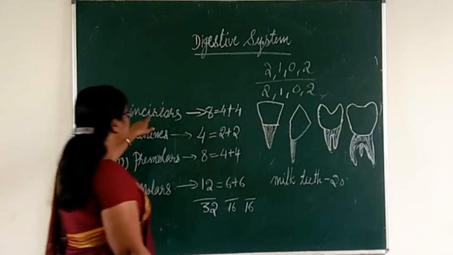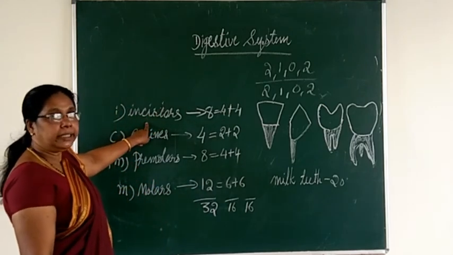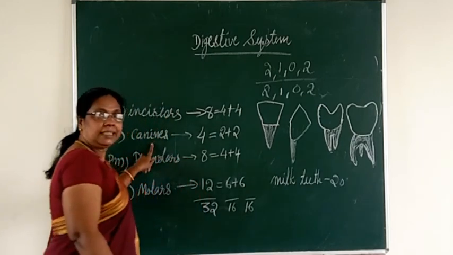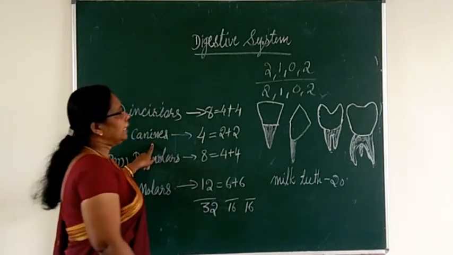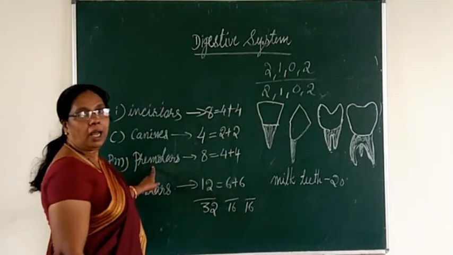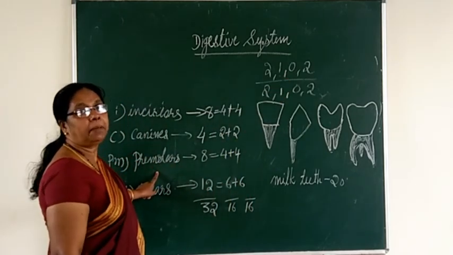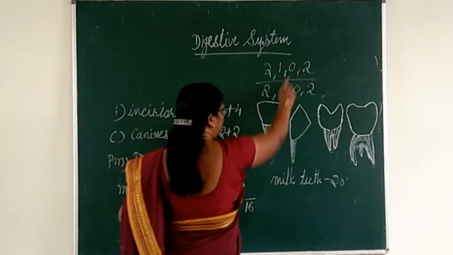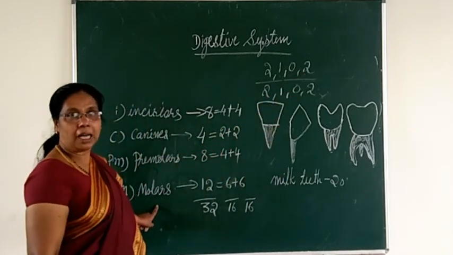Yes, that is the first one, incisors. Next one is canine. Then 0 is mentioned here, that is premolars. So in a young baby, premolars are absent. Then the next one is 2, that is molars.